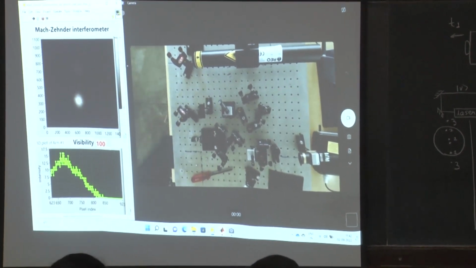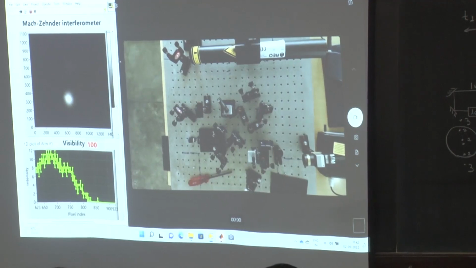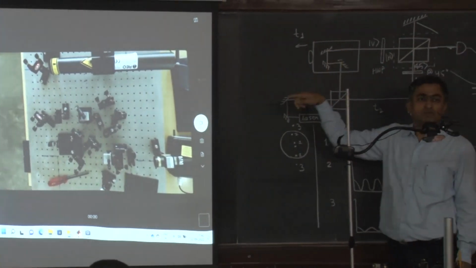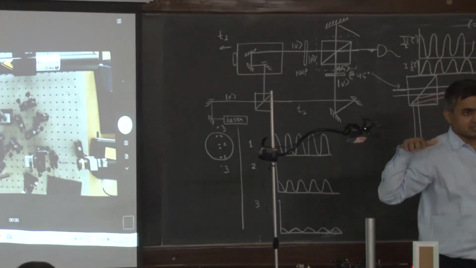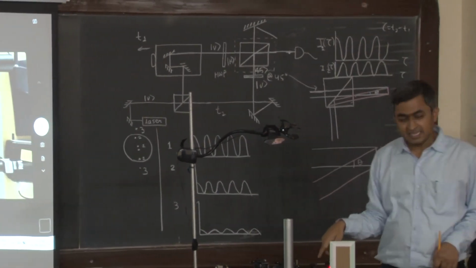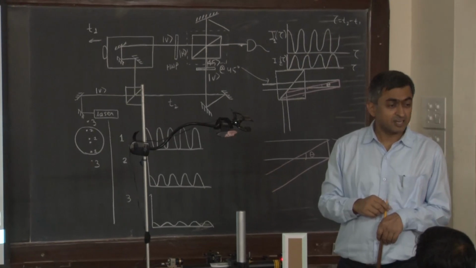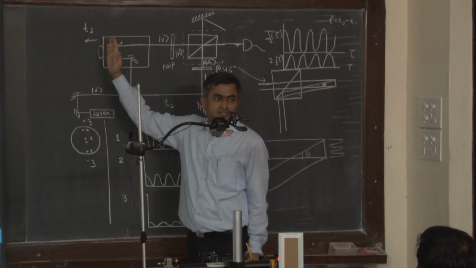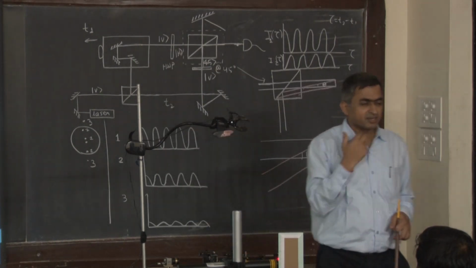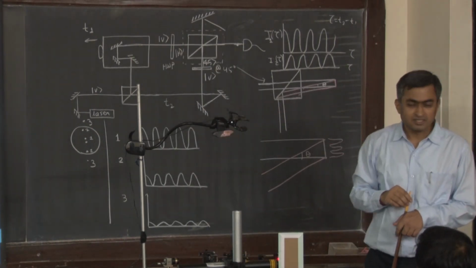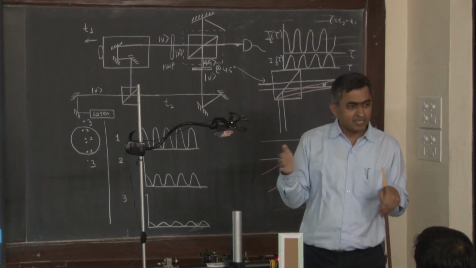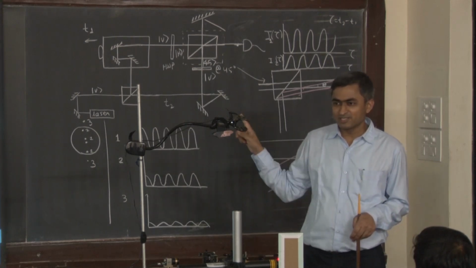Because what is the distance scale that you need to change to see one fringe? That is like lambda. And this helium neon laser is 633 nanometers. And since this is in double pass, it's half of that, about 300 nanometers. So I need to move back and forth about 300 nanometers before one complete fringe passes.